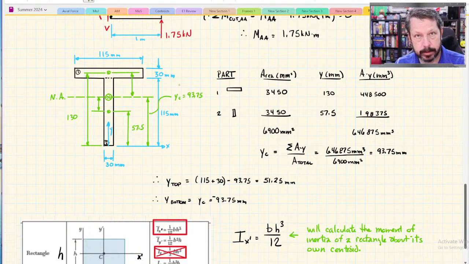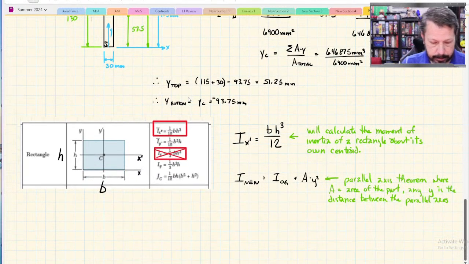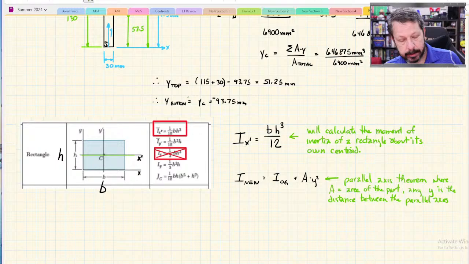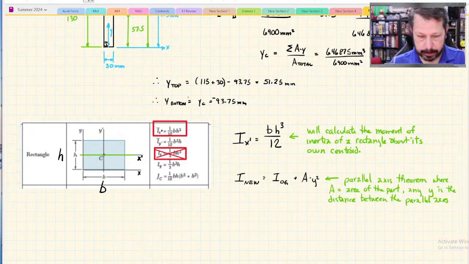So the y in the parallel axis equation is the distance between the axis that goes through the centroid of the individual part and the neutral axis of the entire cross section. So here's how that's going to look.